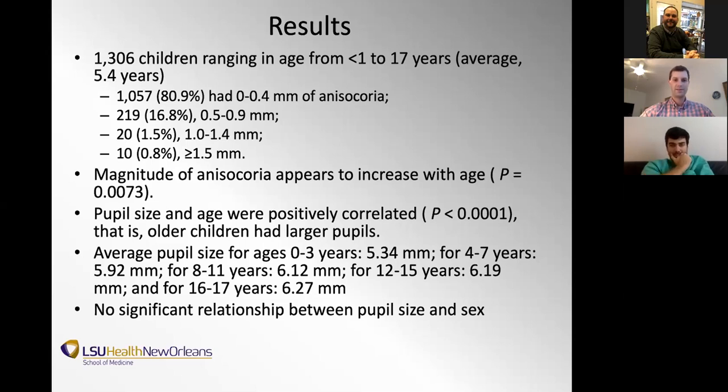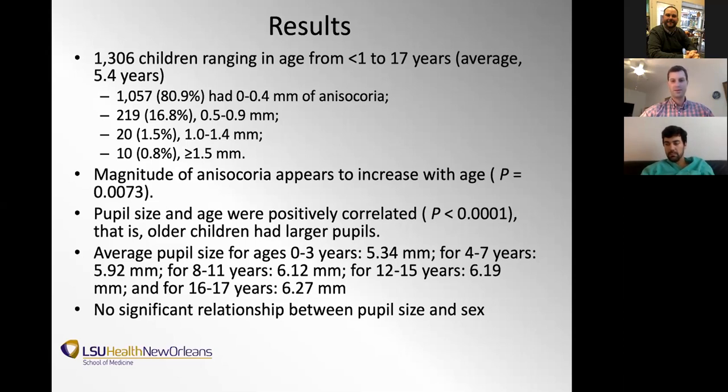The average from 0 to 3 years was about 5.34 millimeters, and then up to about 16, 17, it was 6.27 millimeters. Of note, these were typically measured in dim light, just for your reference, and there was no significant relationship between pupil size and sex.